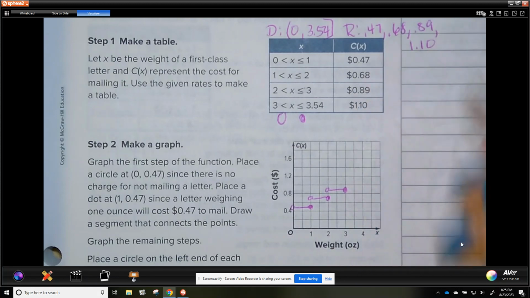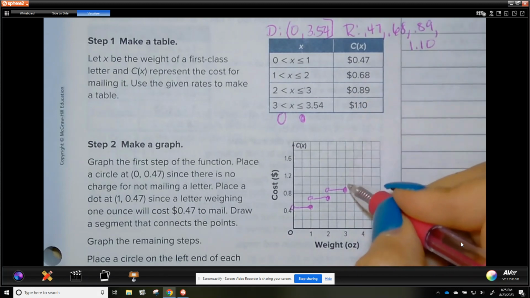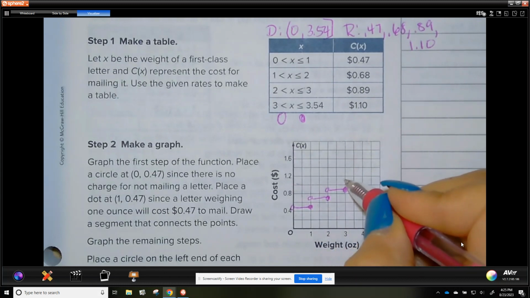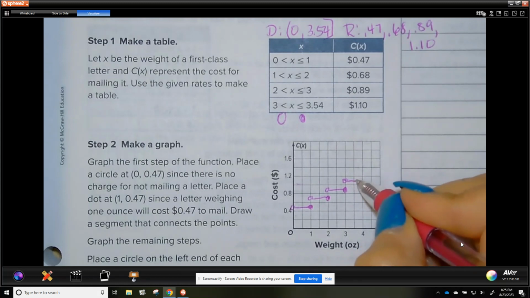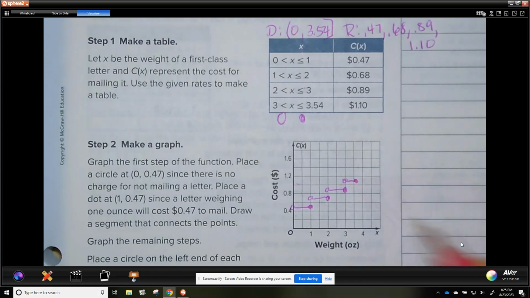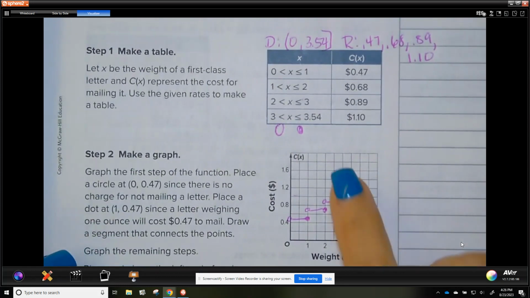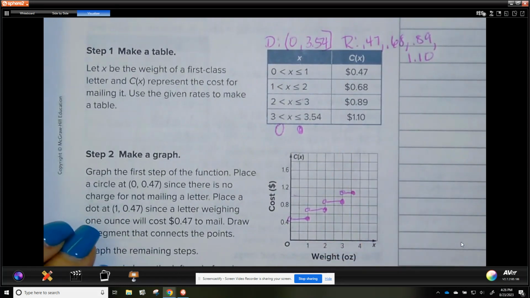And then $1.10 from 3 to 3.54. This is $1, so this is $1.10. That one doesn't go to the next line. It just stops about 3.54 because this is 3.5 and just a little over that. So that is the step function for this table.